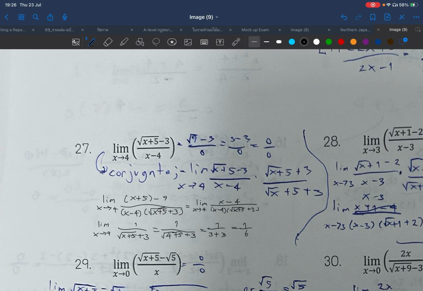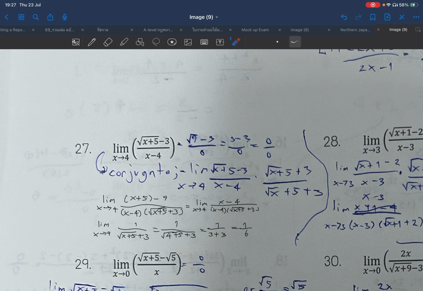Alright, so question 27. Root x plus 5 minus 3 over x minus 4 as x approaches 4. Substitution gives 0 over 0, as usual. Since we have a radical term, multiply numerator and denominator by its conjugate.